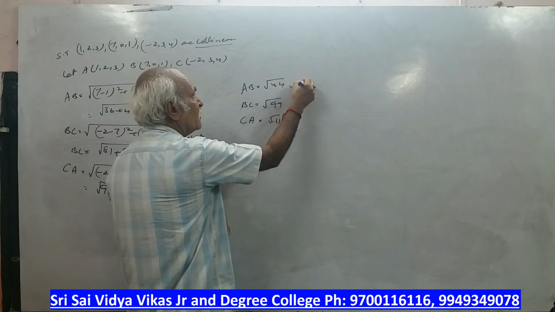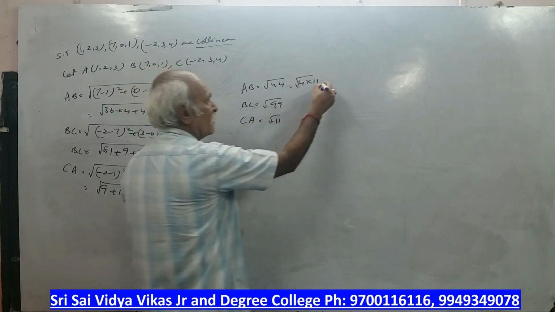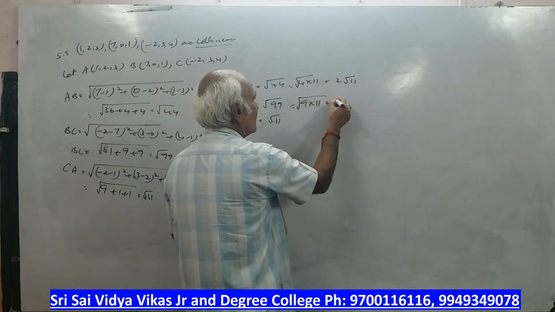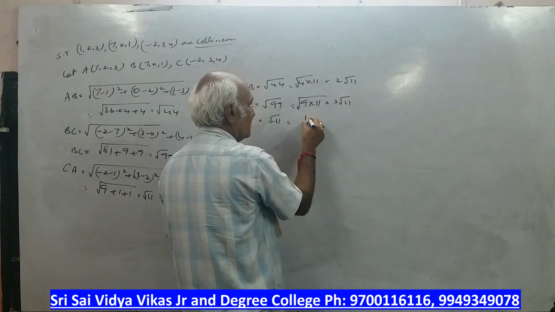Now observe here. Root 44 can be written as root of 4 into 11, so 2 root 11. Root 99 is root of 9 into 11, so 3 root 11. And this I will say 1 root 11.